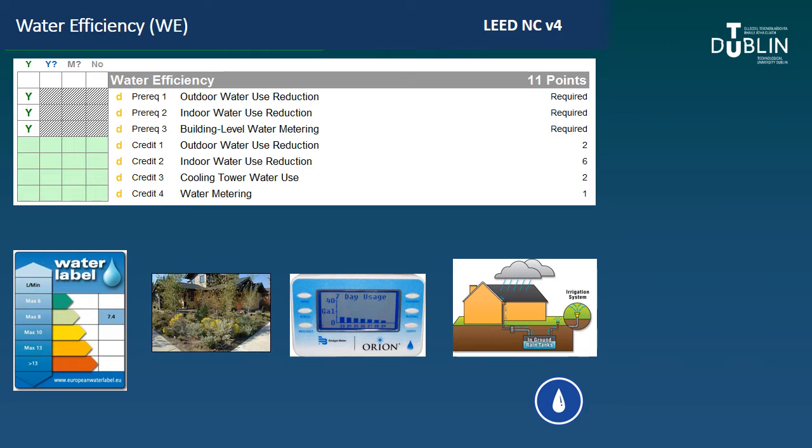So if an occupant is in the building for 8 hours, they'd get one full-time equivalent. But if it was a part-time person, they'd have full-time equivalents based on the hours they're there per week divided by 40, for example, and that's all again in a table. Depending on the number of occupants you have, that's what you use to calculate the baseline, whether it's a flow or a flush rate, to calculate what the baseline figure for that number of occupants would be.